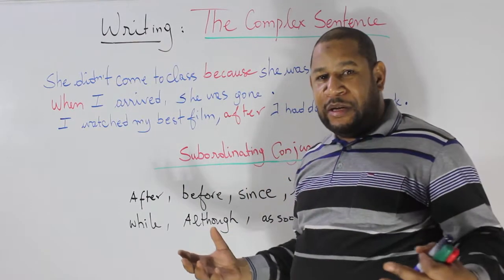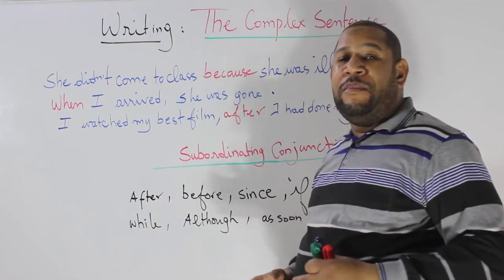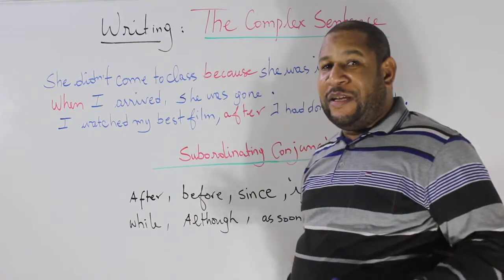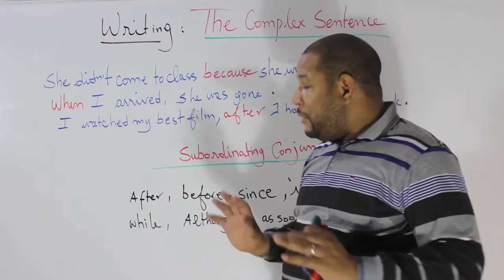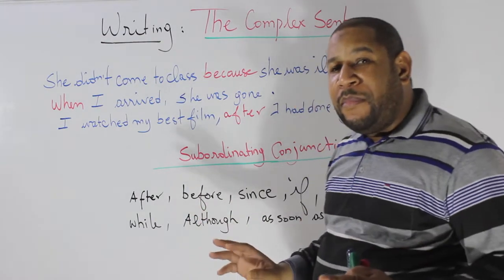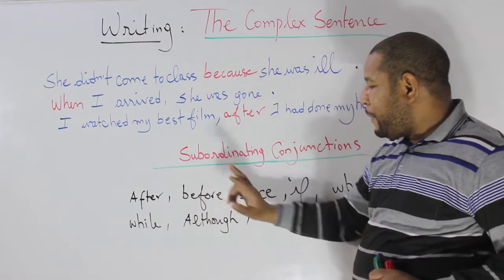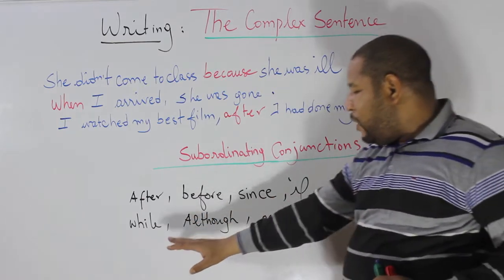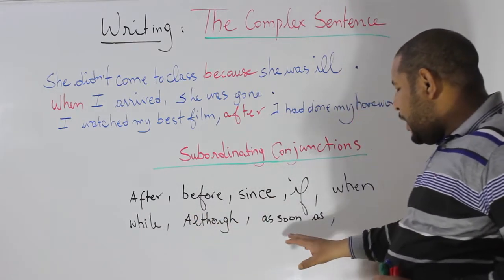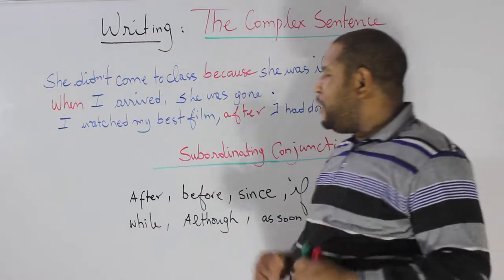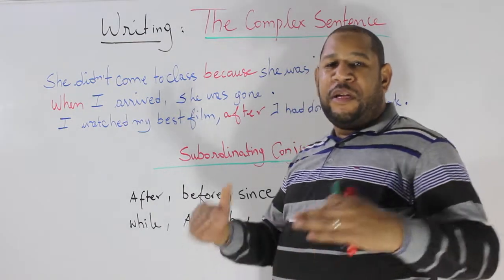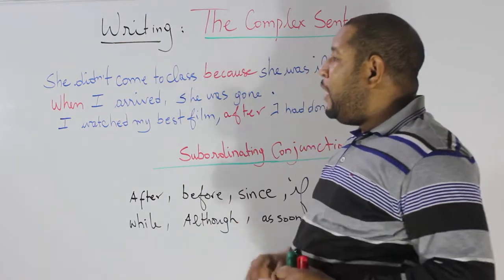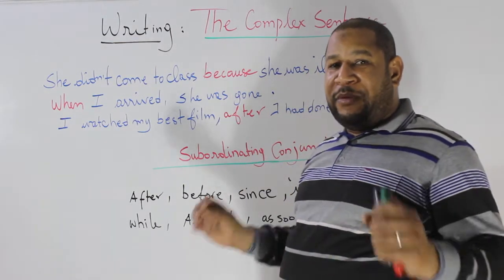Okay, so subordinating conjunctions, we have a lot. We have so many. We are going to look at them all in detail later on in other videos. But today we will just look at some of them. So we have after, before, since, if, when, while, although, as soon as, etc. We have many others. We are going to come back to these in detail when we deal with cohesive devices. But now I just want you to focus on this type of sentences.